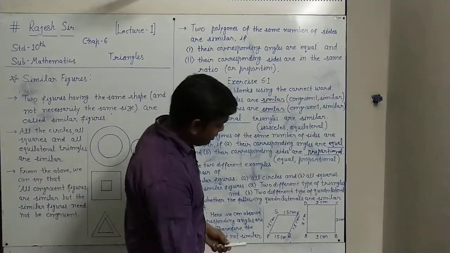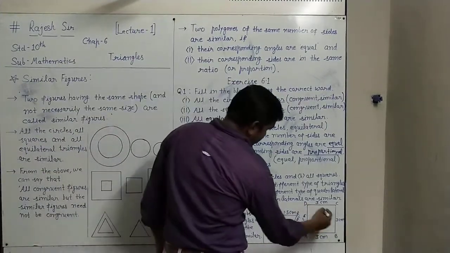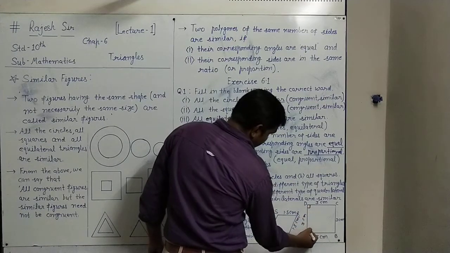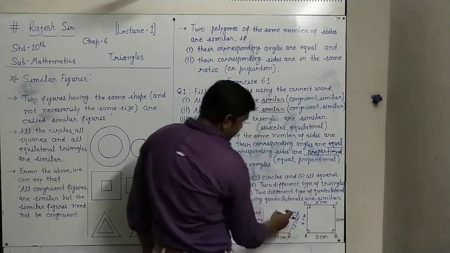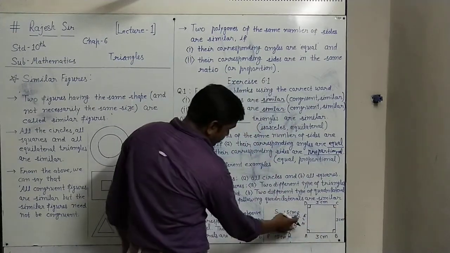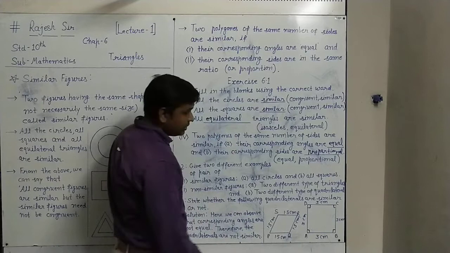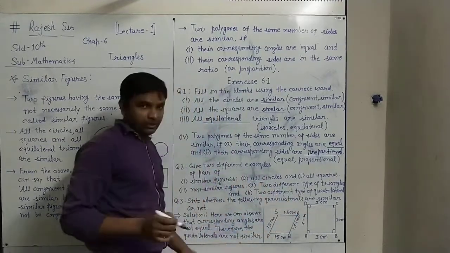Here you can see this shape is a square, so all the angles will be 90 degrees. And in this one you can understand there are no angles of 90 degrees, which means the corresponding angles are not equal.